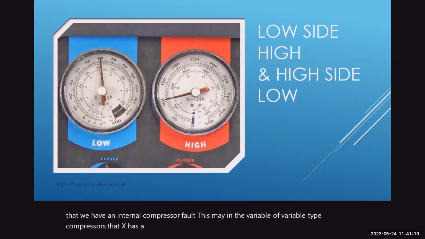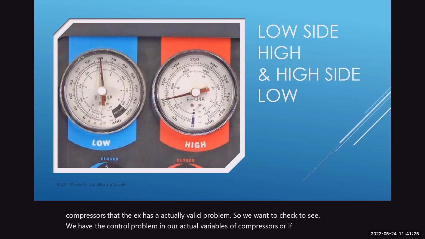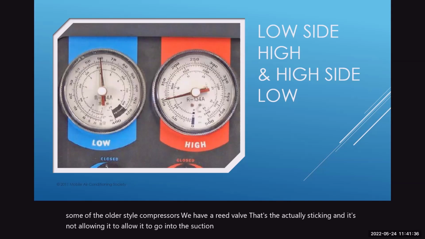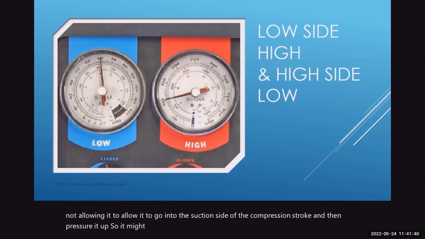So we want to check to see if we have a control problem in our actual variable compressors, or if in some of the older style compressors we have a reed valve that's actually sticking, and it's not allowing it to go into the suction side of the compression stroke and then pressure it up. So it might be bleeding off, is what I'm trying to get at.